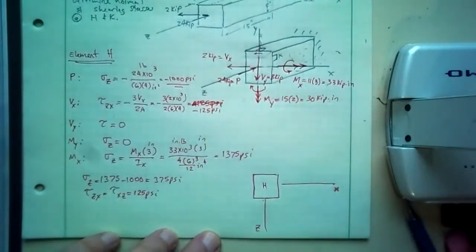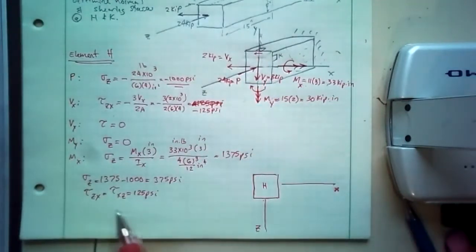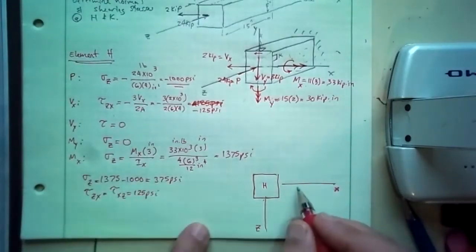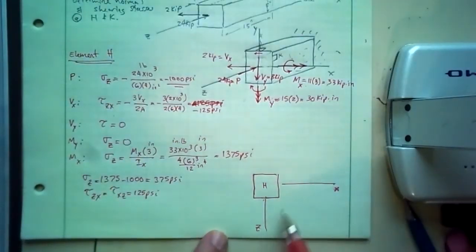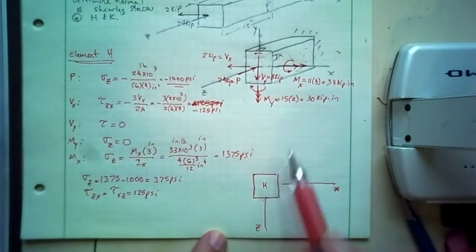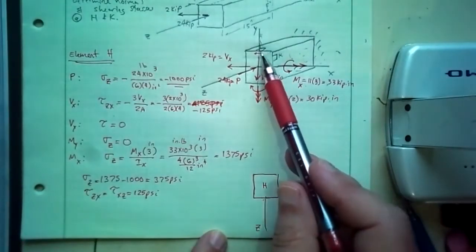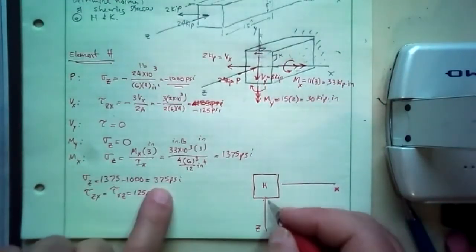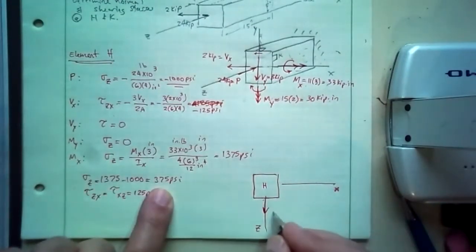So that's element H. Sigma Z is 375. You must have a coordinate system associated with this element that matches the coordinate system and the orientation of element H. And then so we have sigma Z.